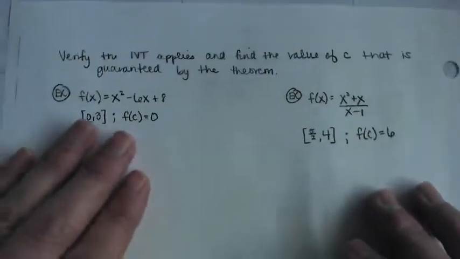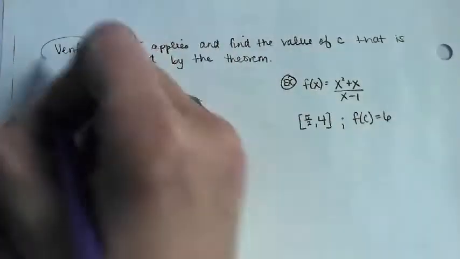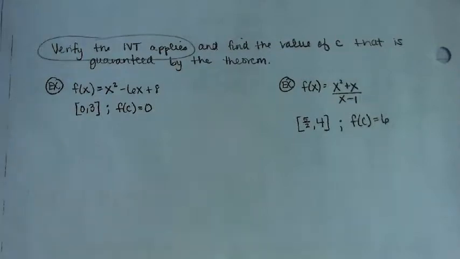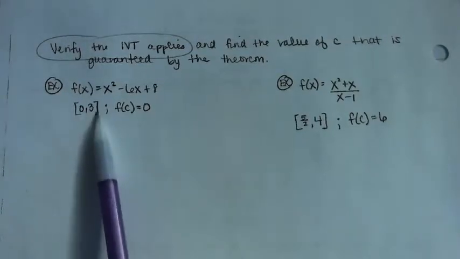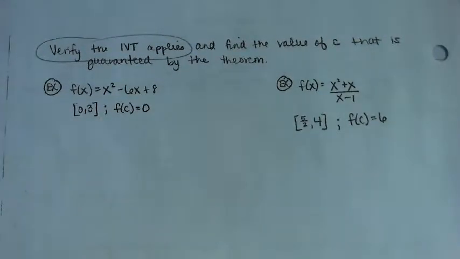All right, so if you flip to the back, verify that the intermediate value theorem applies. So that verification is really a 3-step process. The continuity, and then the f of 0 at the start of your interval, and f of 3 at the end of your interval. And then find the value of c that is guaranteed by the theorem.